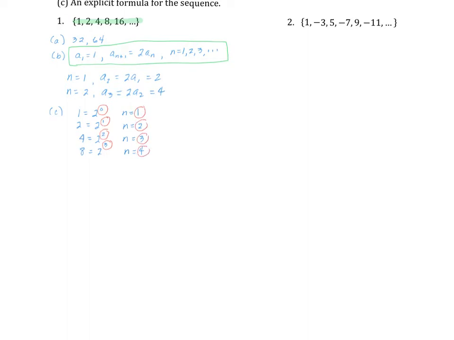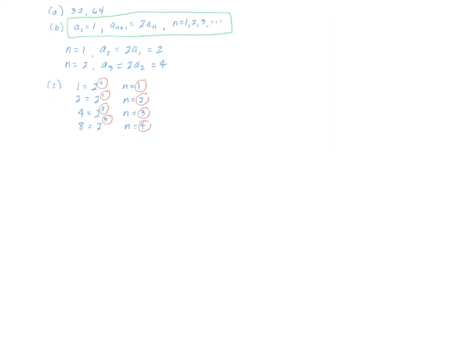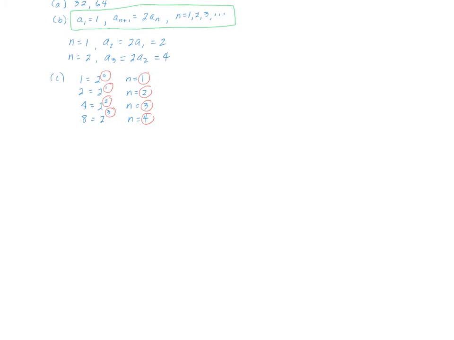And it looks like they're 1 less. So my exponent is 1 less than my n value. So I'm thinking that maybe my a sub n can be equal to 2 to the n minus 1 power. And then again, this is for n equal to 1, 2, 3, and so on.